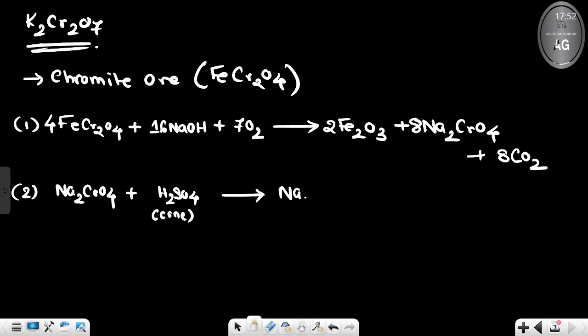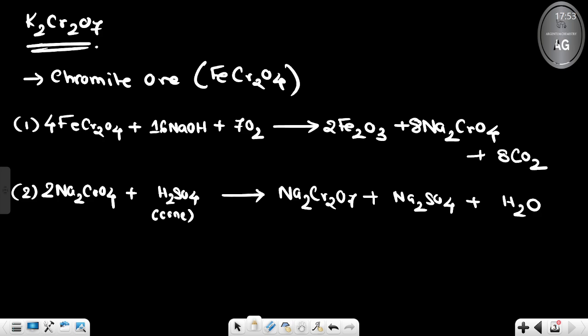The required product Na2Cr2O7 plus another product Na2SO4, plus water. Now the balancing is not done, so this will be 2. Balancing is done now: hydrogen 2, sulfate 1, done. Oxygen 8 plus 4, 12. Done. Clear?